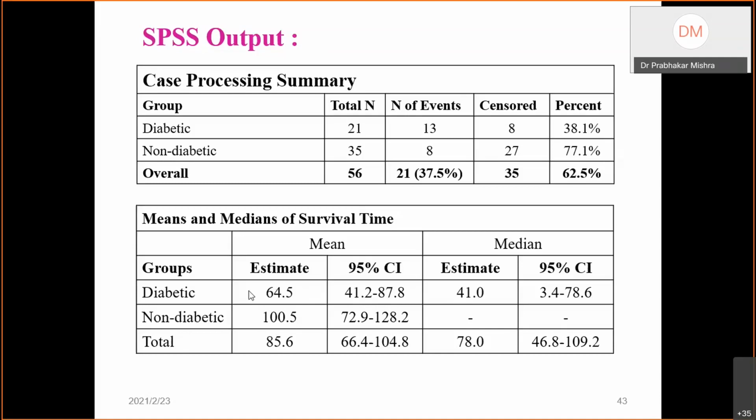And if we conduct 100 similar studies on the same sample size, then out of those 100 studies, in 95 studies our event-free survival time may be 41 months or 87.8 months or any value in between.